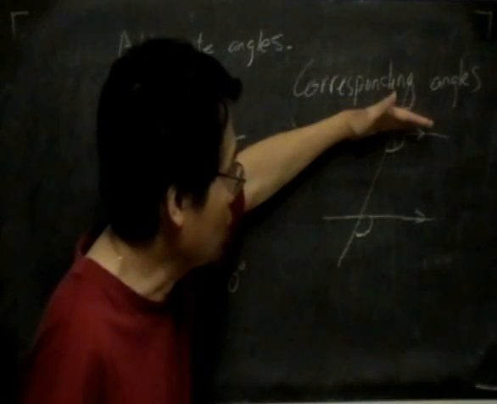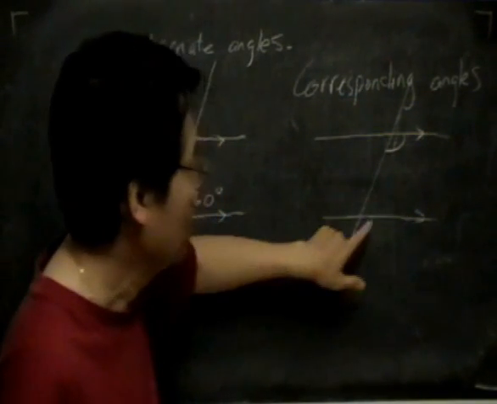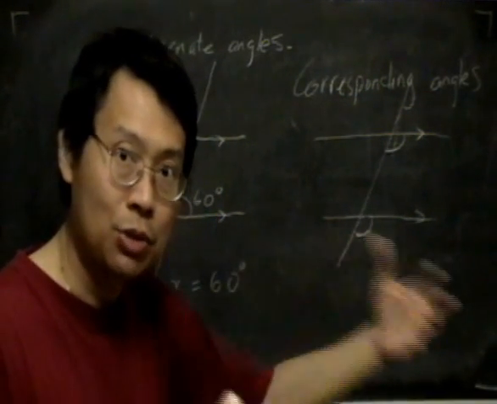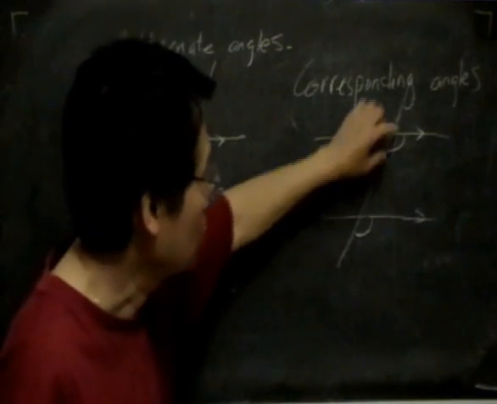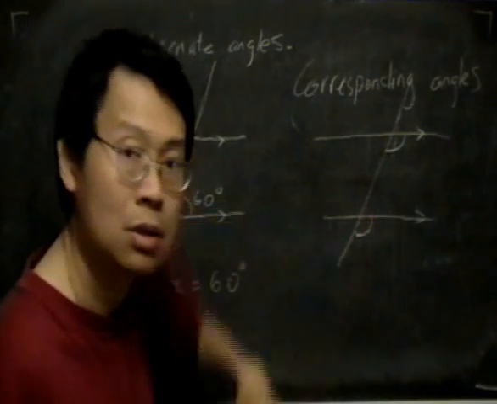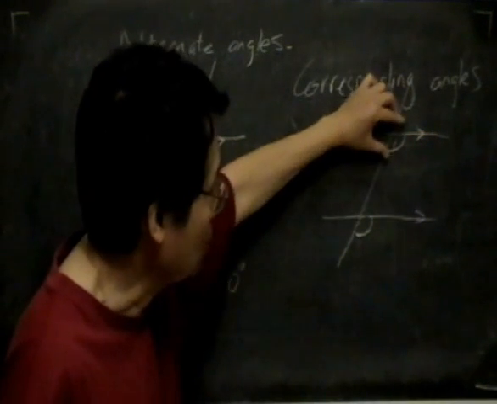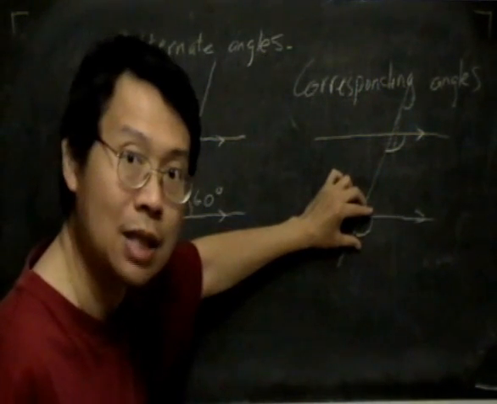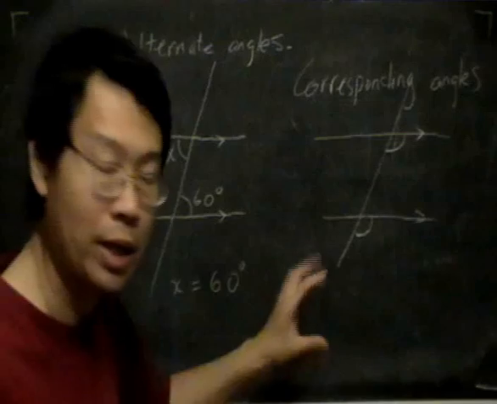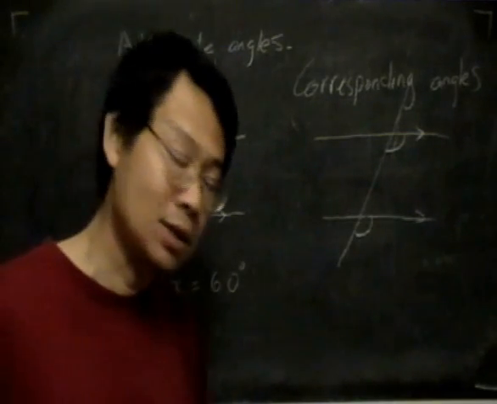If you imagine shifting this line from there to there, it is a kind of a symmetrical translation. So this angle and this angle will just look the same. If you shift this line downwards, this angle will shift until it fits exactly into the lower angle. So corresponding angles are equal.